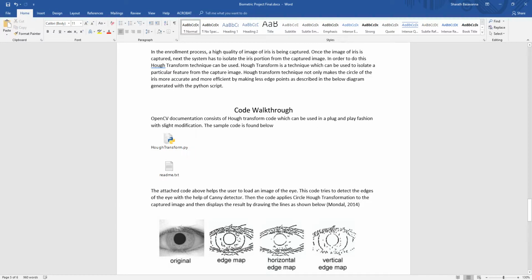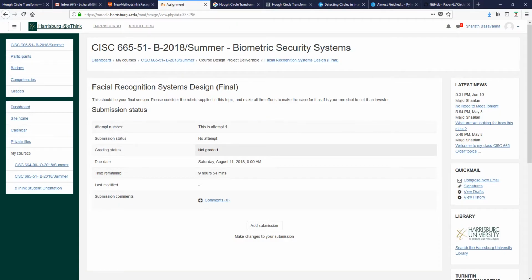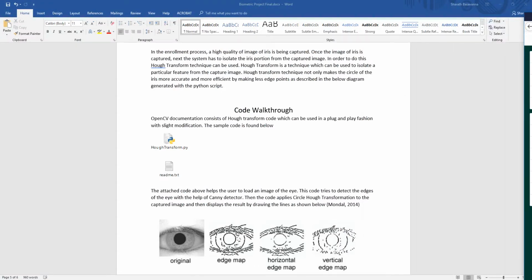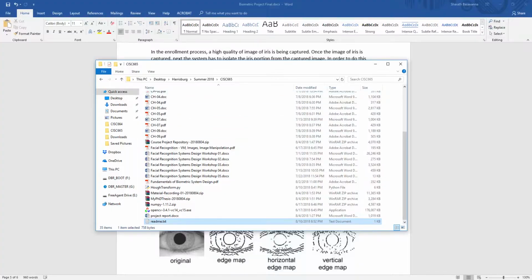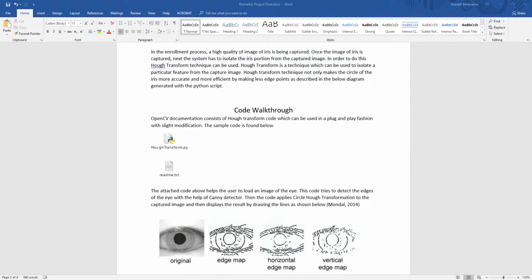So, okay, in this Hough transformation dot py, actually let's go over the code. Actually, you know what? Let's go.